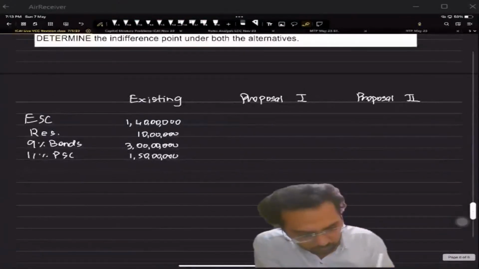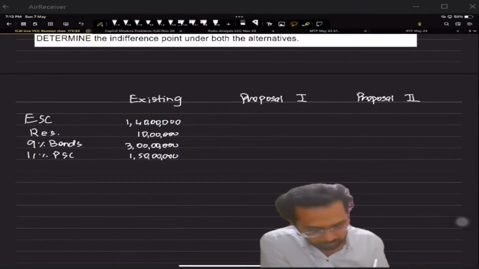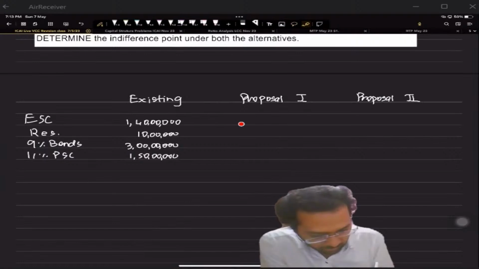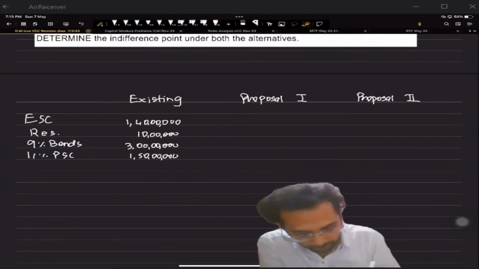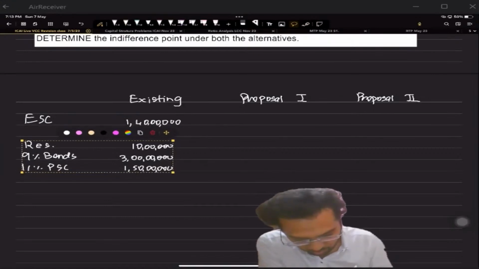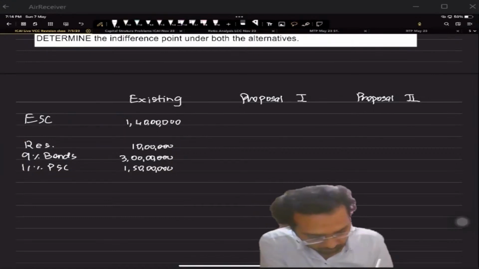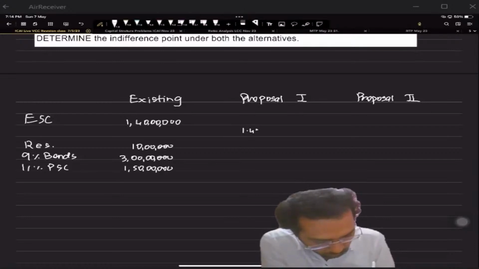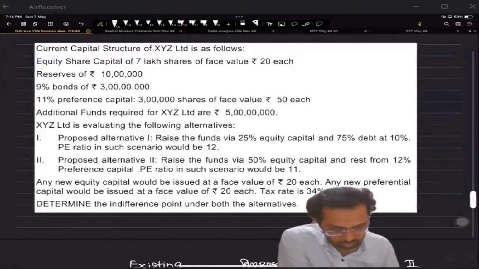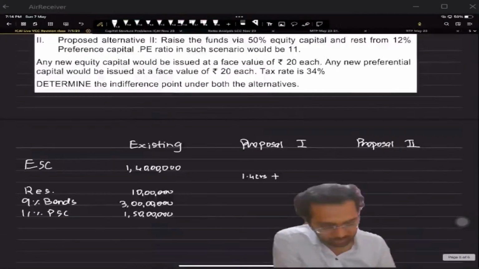So in proposal 1, the equity share capital will be the existing 1 crore 40 lakh, and in addition to that 25% of 5 crore.